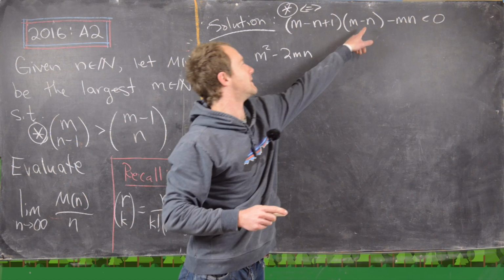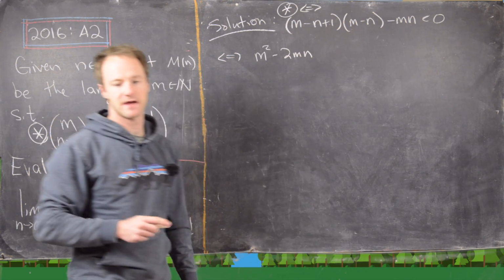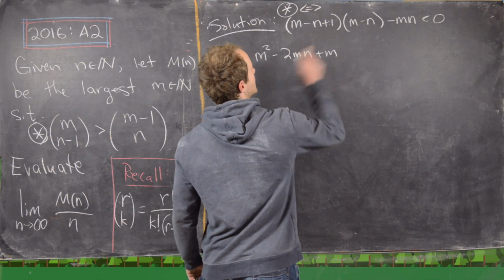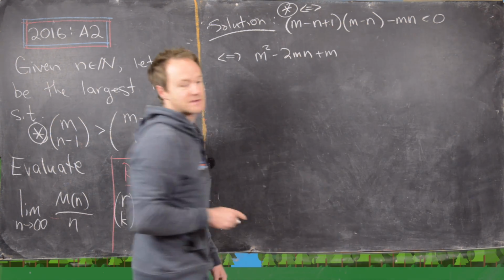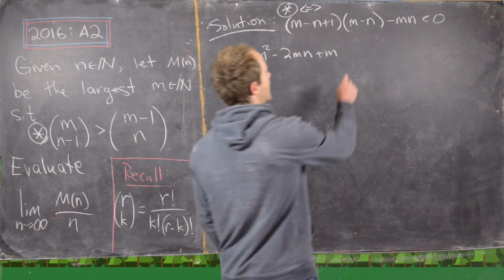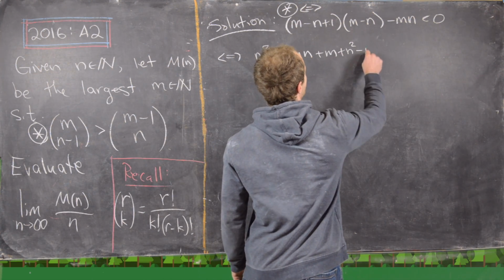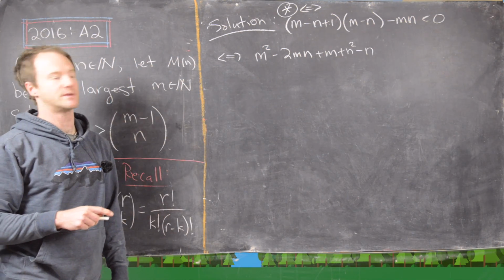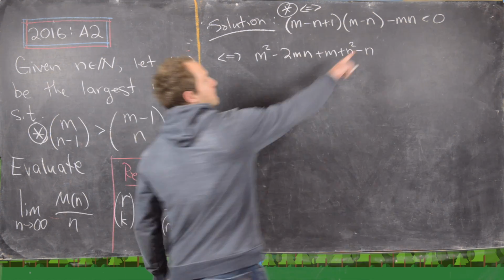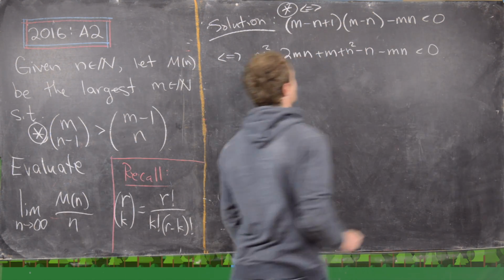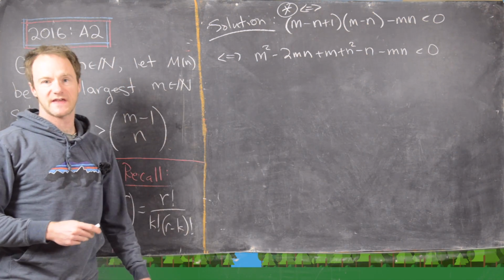We have m times minus n and minus n times m. Okay, good. And then plus m. We get that from m times 1. And then finally, we also have plus n squared minus n. So there we have n times n, and both of those are negative, so we get n squared, and then minus n from that, and then minus mn is less than 0. So now it's equivalent to that.